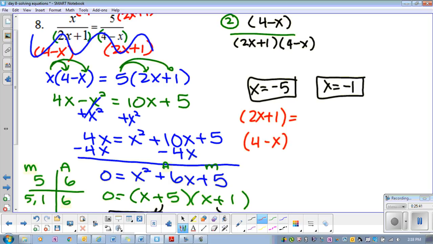Does that give me 0 if I plug in negative 5? No. Okay, so this one is good. And then this one, does it give me 0 if I plug in negative 1? No. Perfect. So they are both yeses.